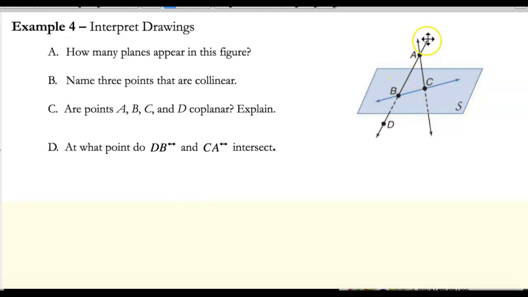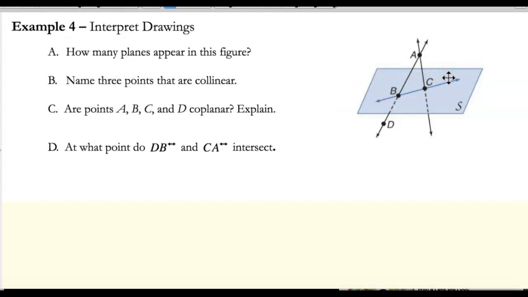But then we have this plane right here that's connecting A, B, C, and D. It appears that all of these are on the same line. If you think of a piece of paper cutting through, the line where they cut through, like the floor versus the ceiling, or the wall versus the floor, would be this line BC.